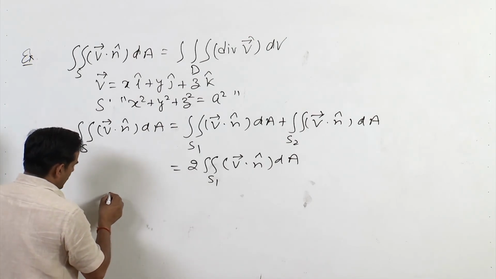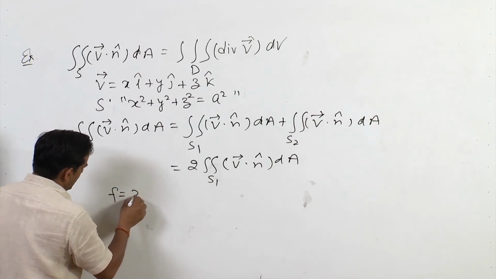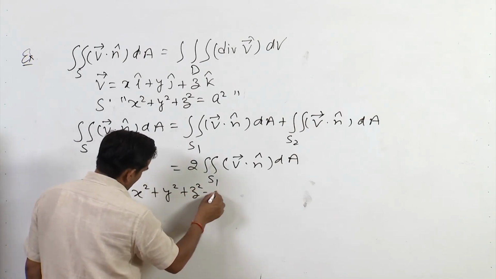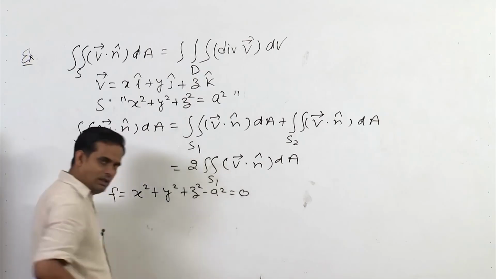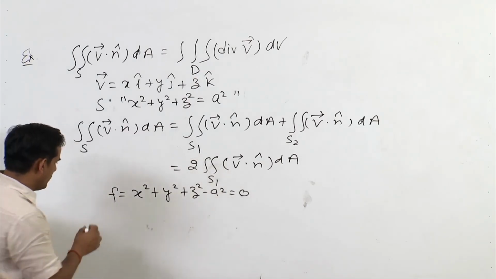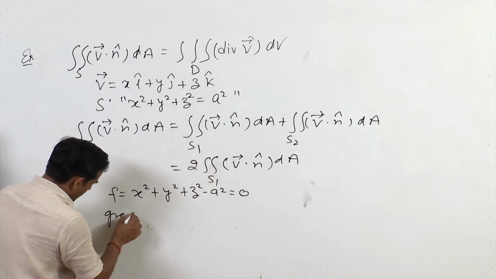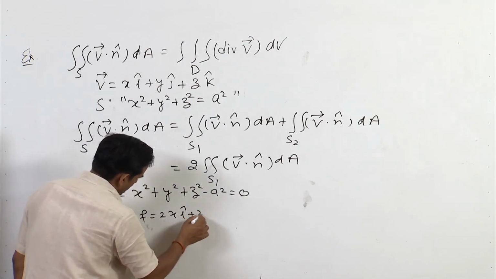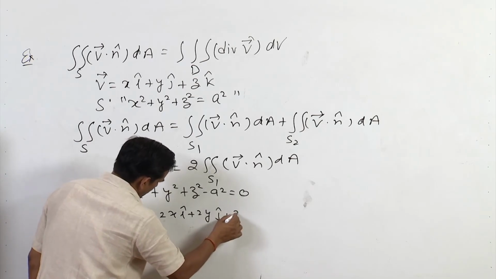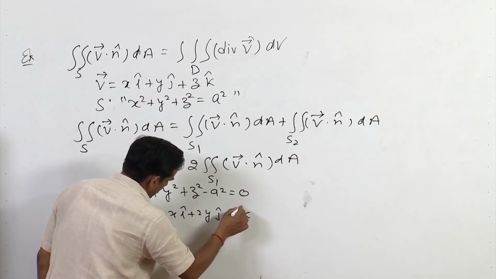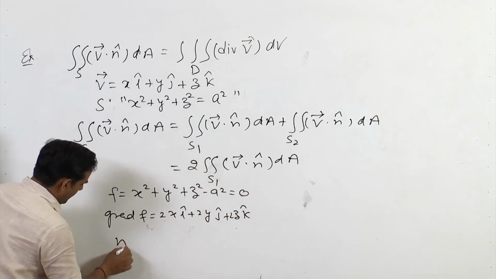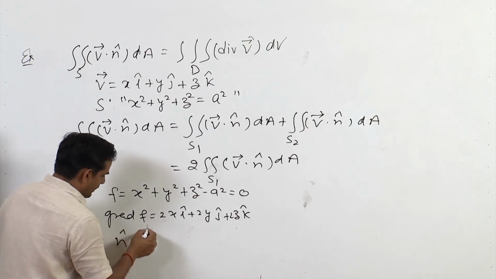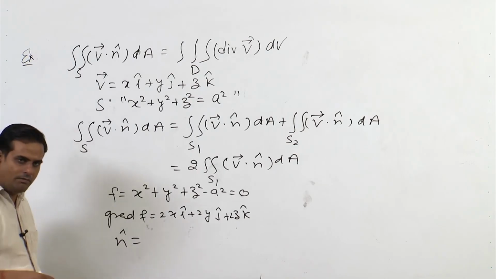So now the equation of the hemisphere is given by x square plus y square plus z square minus a square equals 0. So from here my gradient f will be 2x i plus 2y j plus 2z k. The normal vector to this hemisphere will be grad f over magnitude of grad f.